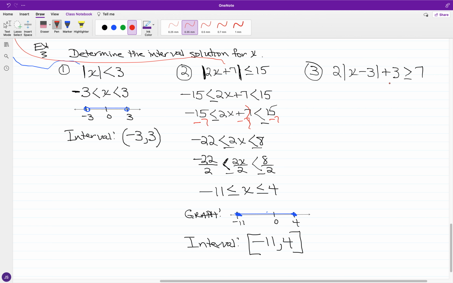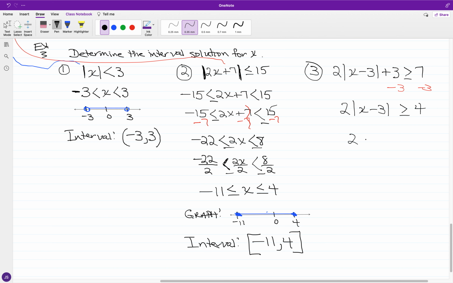So you're not going to distribute 2 over the absolute value of x minus 3. We're just going to isolate x minus 3. So we have 2 times the absolute value of x minus 3, and upon taking 3 away from both sides, we have this greater than or equal to 4.